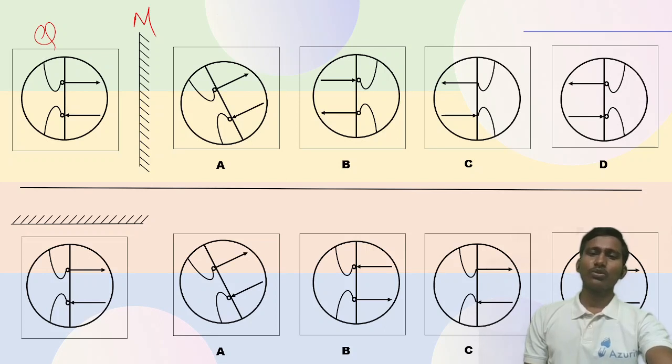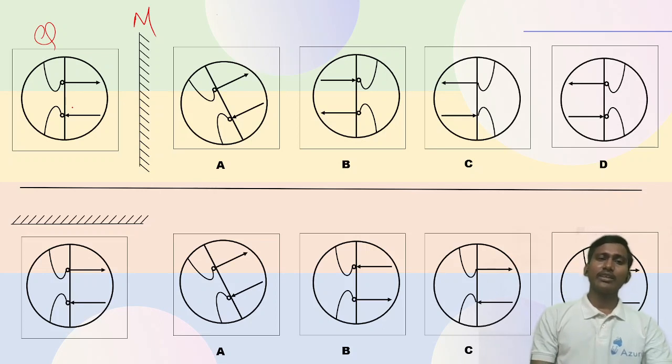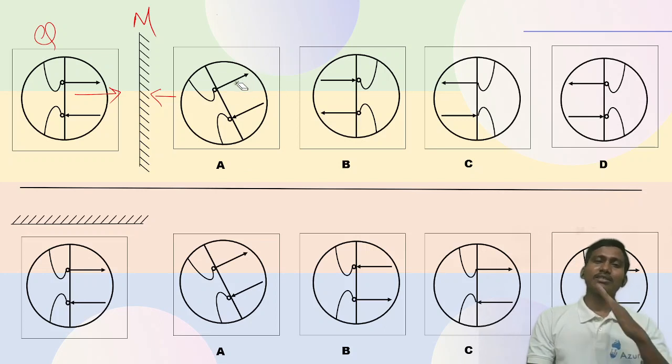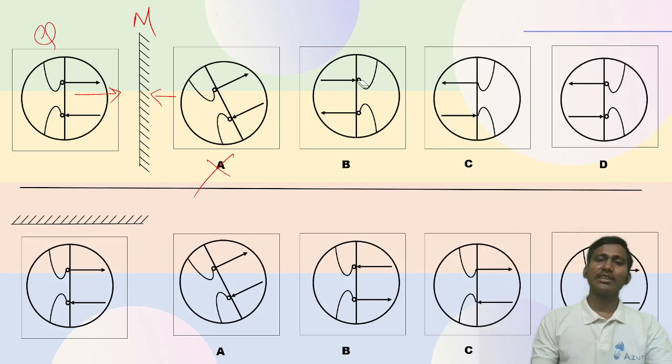Okay, fine. So let us go to the answer now and find it. Let us see one by one. So let us see this arrow. This is pointing towards the mirror. Then the arrow will be like this, right? So in which figure it is there? If you see, this has changed the direction. So that is wrong. A is wrong. Now B. Here it is also wrong.